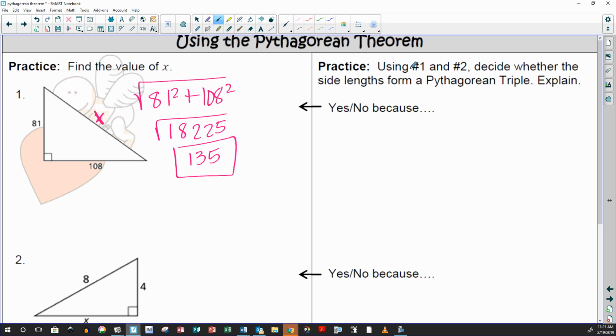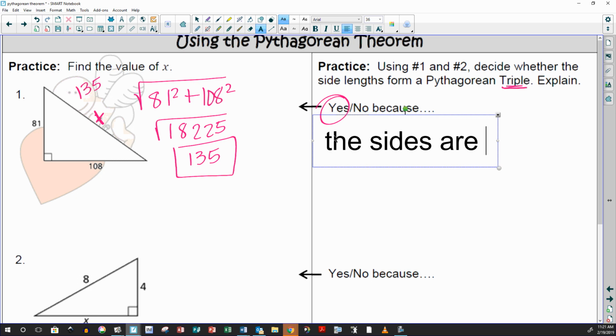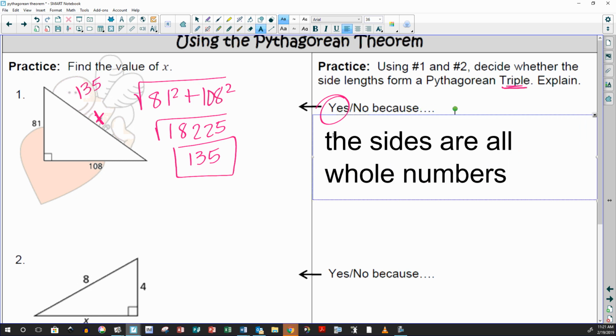It says using 1 and 2, decide whether the lengths are a triple. So if this is 81, this is 108, and this is 135, this is a Pythagorean triple, because the sides are all whole numbers.